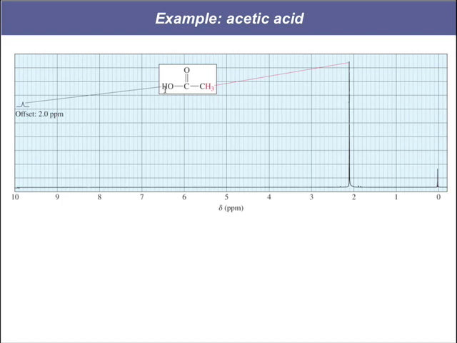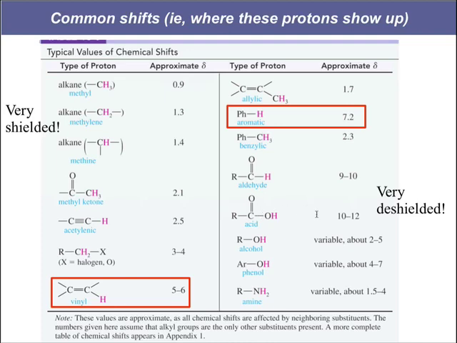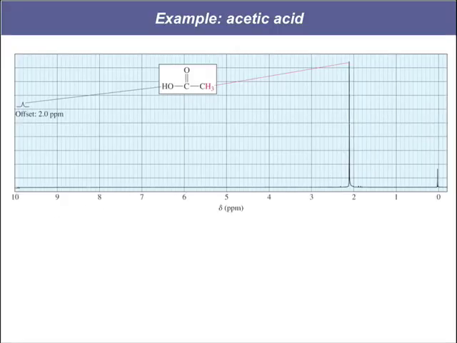The hydrogen on the carboxylic acid shows up somewhere between 10 and 12. And here they go up to 10 on our scale, and then it shows a peak and it says offset 2.0 ppm. That means that it is 2 ppm beyond our graph. So that is 12. That is the signal there.